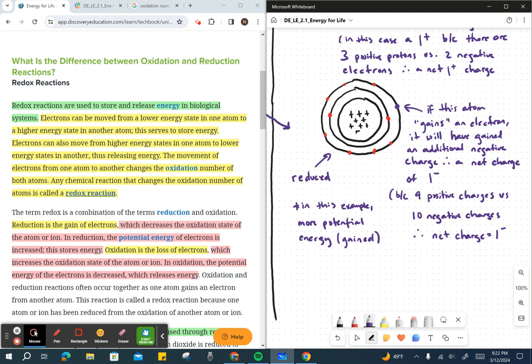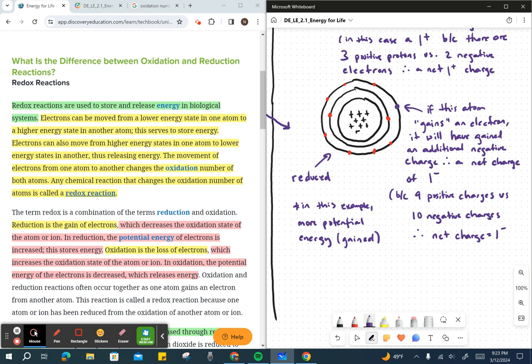So we went ahead and put 2 electrons in the first shell because that's the maximum it can take. And then we put the additional 7 into the second shell. Now remember, it would prefer to have 8 to have a full valence. It's most likely going to accept an electron from some donor, from some other element.